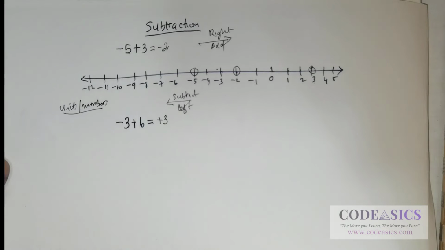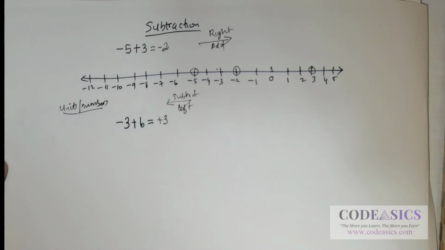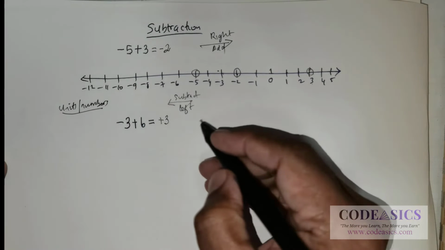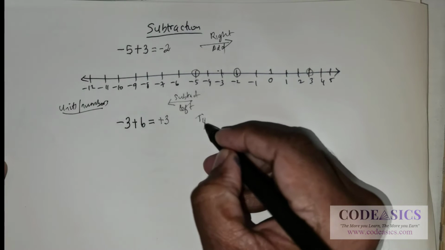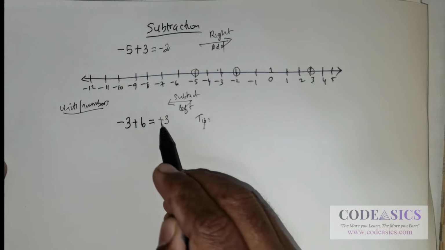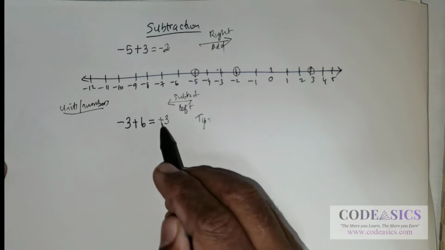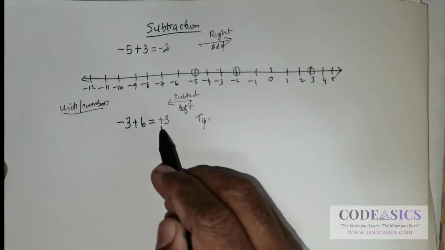Now, having explained to you how to add using the number line, I want to give you a tip. Now, what is this tip? The tip is, make it a habit to place the sign before the number after you perform the addition. Now, why is it important?